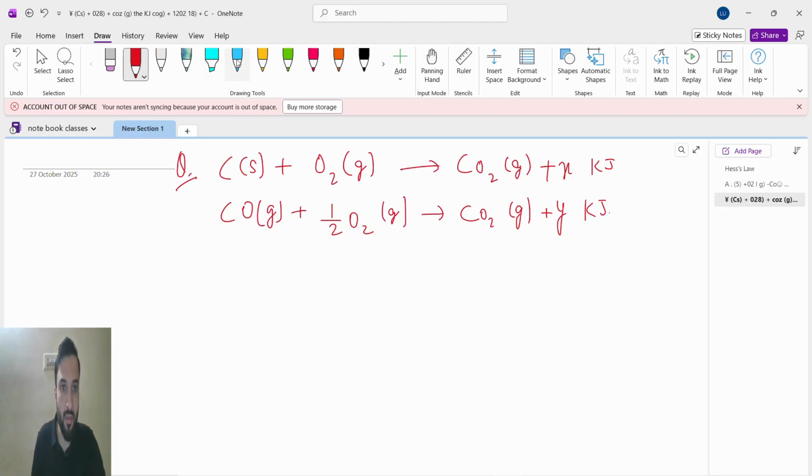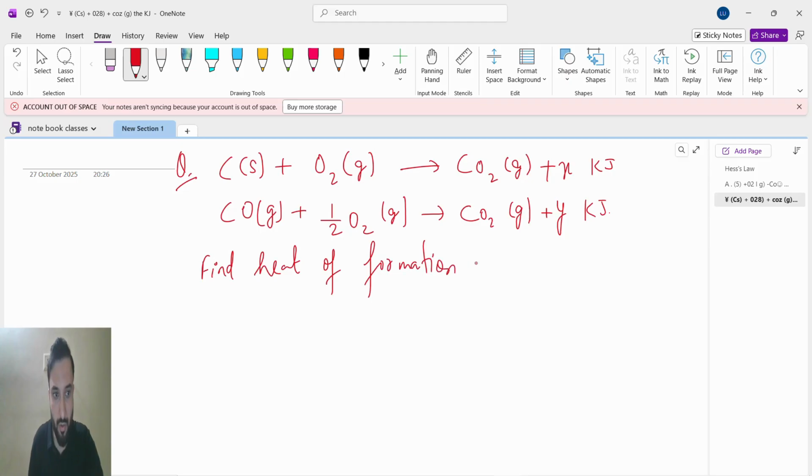What we have to find is the heat of formation of CO.